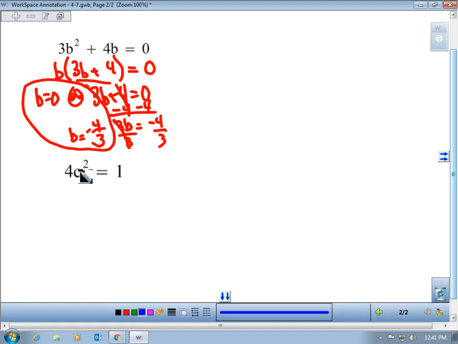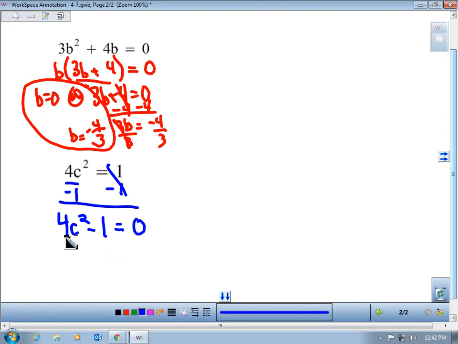But for this one, once again, highest term, I want it to be positive, so I'm going to subtract 1. So you get 4c squared minus 1 equals 0. You look at that and say, gosh, do I have a common factor? No. Do I have a trinomial? No. Well, for two terms, we got to look, is it difference of squares or maybe even the sum or difference of cubes?